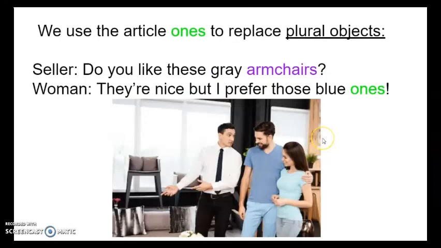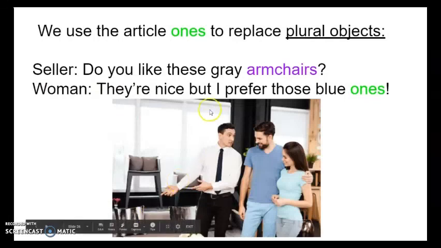We can do exactly the same with plural nouns. For example, we use the article ones to replace plural objects. This is the seller. Maybe this is a furniture store, and the seller tells this couple, do you like these gray armchairs? Pay attention, armchairs is the object we are talking about. The woman says, they are nice, but I prefer those blue ones.